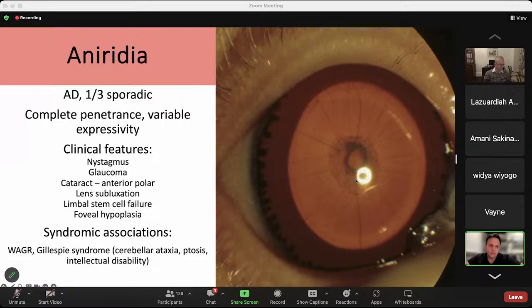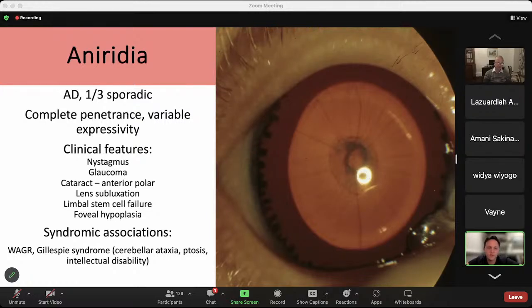Classically, you have a nystagmus, which is due to foveal hypoplasia. Glaucoma is relatively high risk, up to more than 50% of kids. Classically, kids get an anterior polar cataract as well. Lens zonules are often quite weak, and so lens subluxation can be an issue.